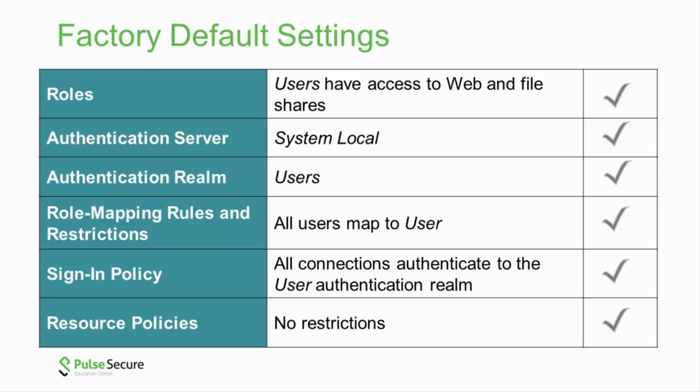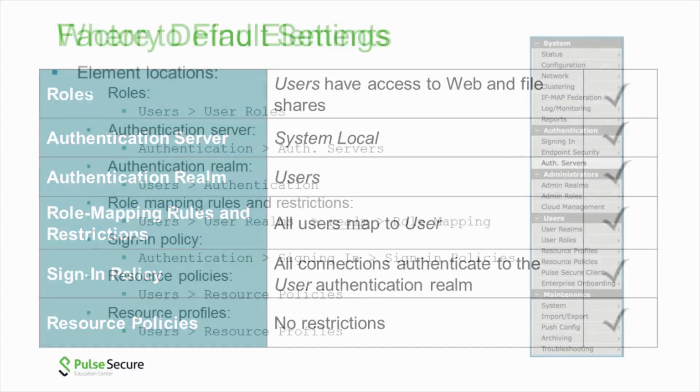With these default settings, you must add only usernames and passwords to the System Local Authentication server to allow user access. After logging in, users receive a window into which they can enter URLs. This window provides the ability to browse to these URLs using the second connection.